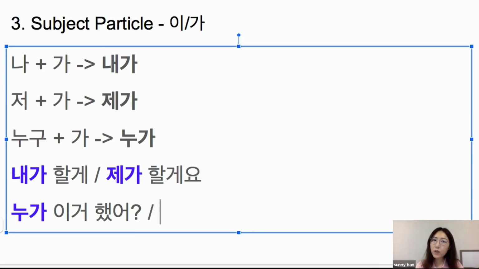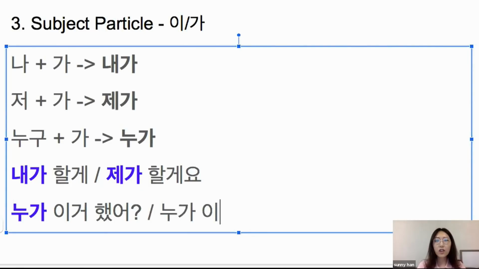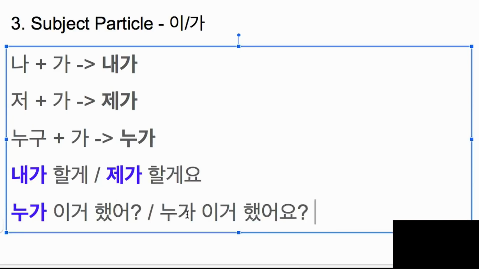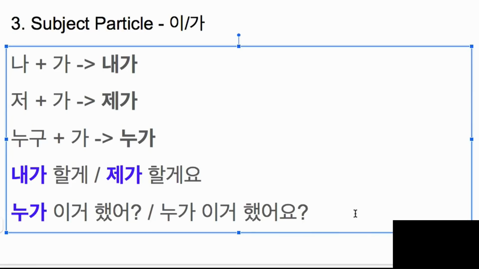What about formal way? 누가 이거 했어요? 언니. 누가 is formal and informal both.